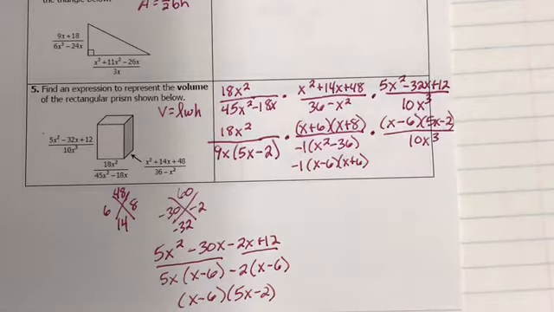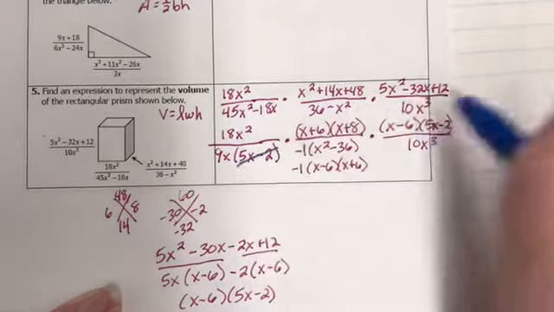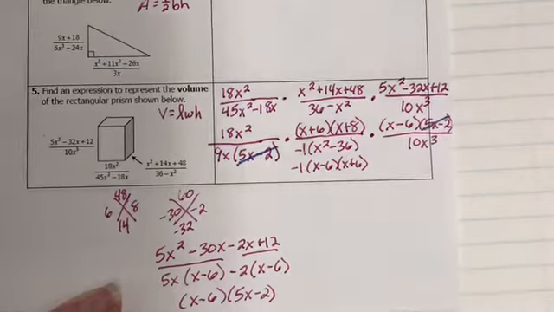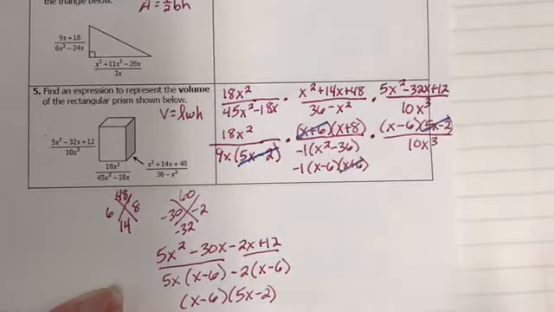And so now I look and see, what can I cancel out? What can I reduce by? So I'm noticing I have a 5x minus 2 here and a 5x minus 2, so those would cancel. The x plus 6 and the x plus 6 would cancel.